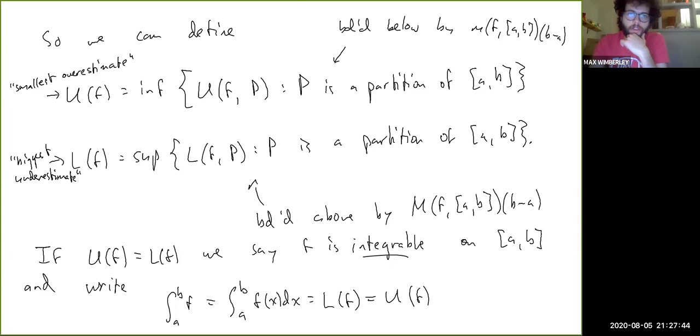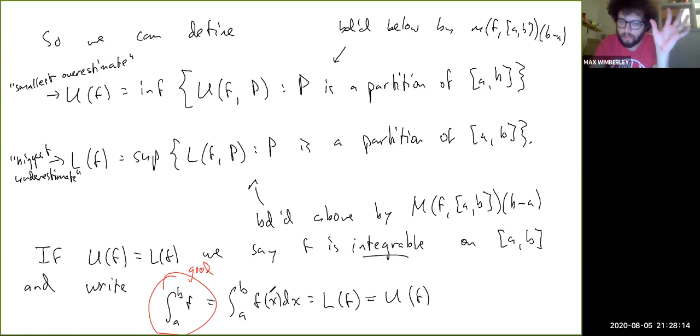One thing I will say is that I greatly prefer this notation to the other one, which is more common in lower division calculus, because this notation emphasizes exactly the data that are involved in defining an integral. It's just a function and an interval.